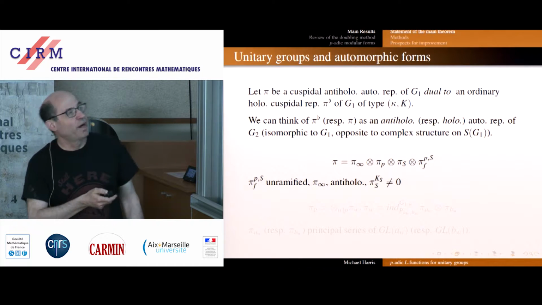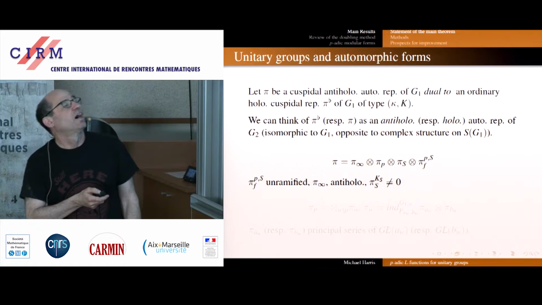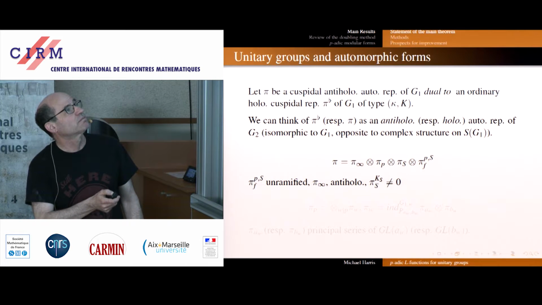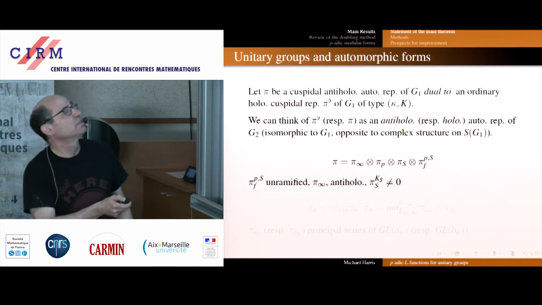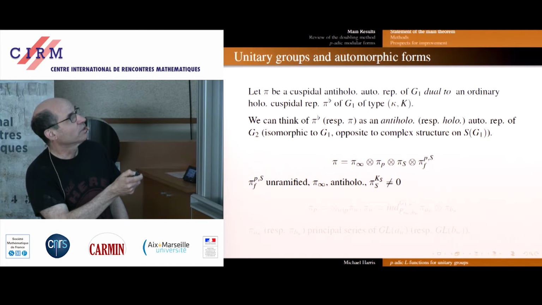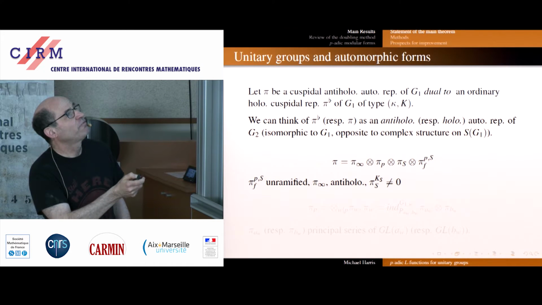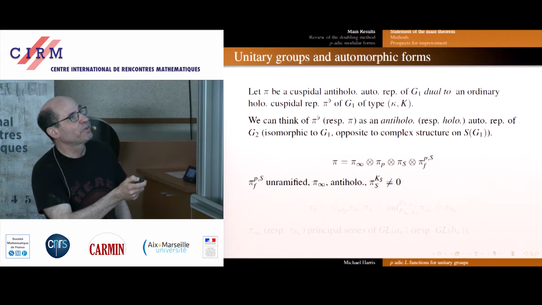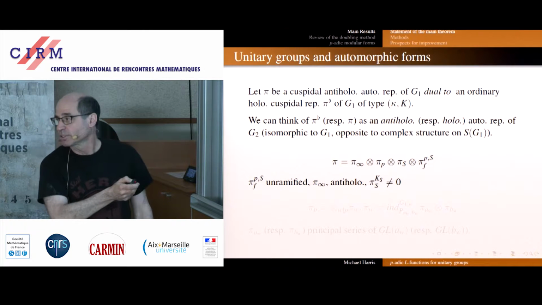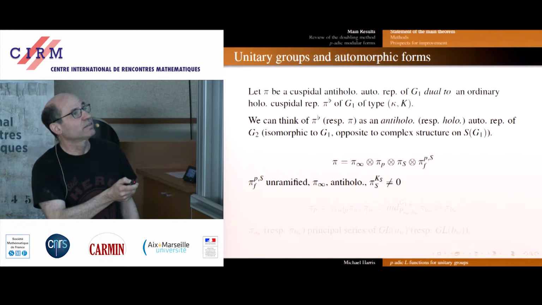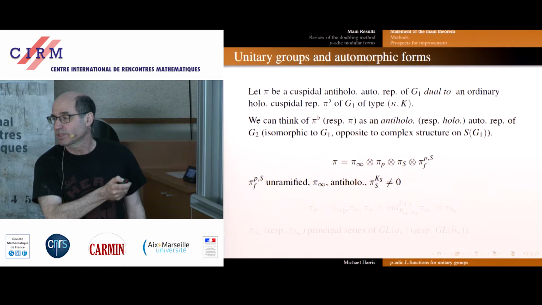And now we factor pi into 4 important parts. There's the Archimedean part, which is anti-holomorphic. There's the p-adic part, which is the most interesting, the part at a finite set of ramified places, which we don't think about, and then the unramified places, which is where the L function comes from.